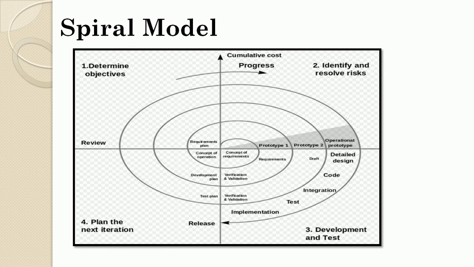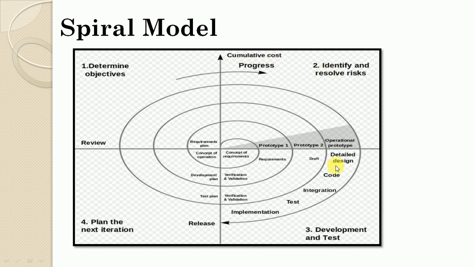Now the third one is engineering activities, that is all about the development and testing process, and the fourth phase is planning for the next iteration. So the software development process will go through these four phases in an iterative way. In the first phase, requirements get gathered, and in the second phase, risk and alternative solutions will be identified.